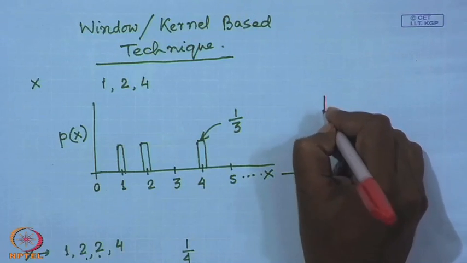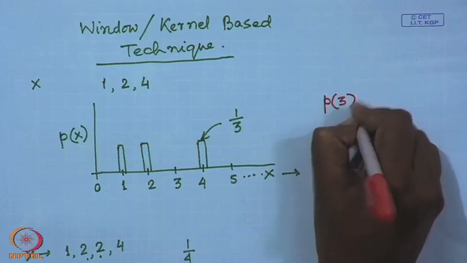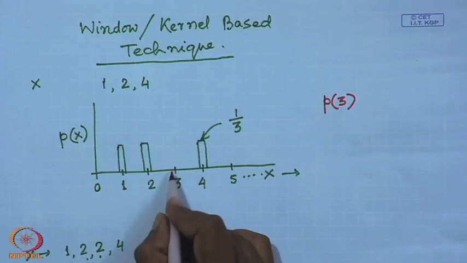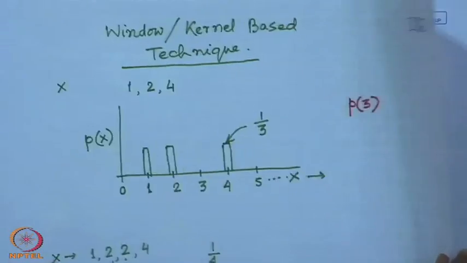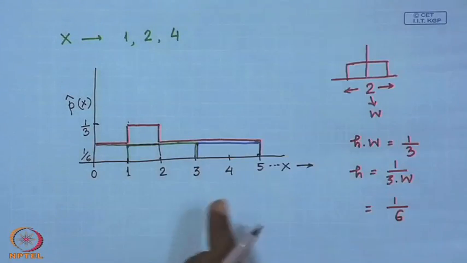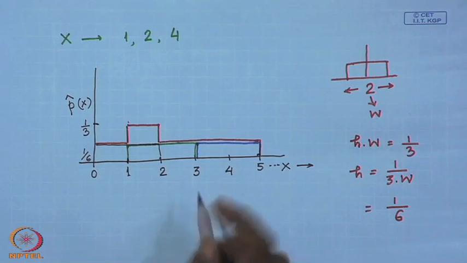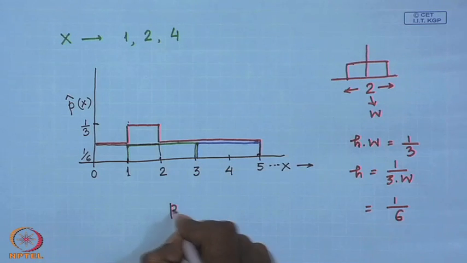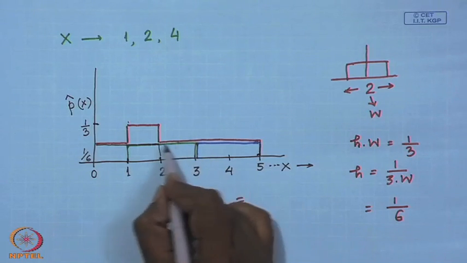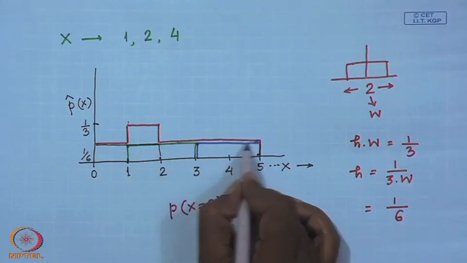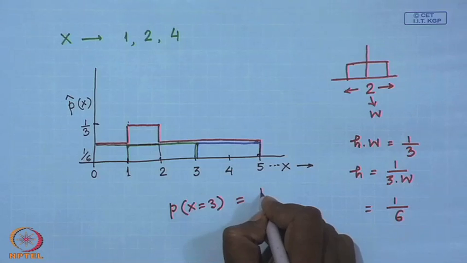Say for example, if I want to estimate P 3, it will give P 3 equal to 0, because the delta functions do not span up to x equal to 3. But in this case, when I use a window function or a kernel function, I can say that P of x equal to 3 will be equal to the height of this probability density curve, which is 1 upon 6.